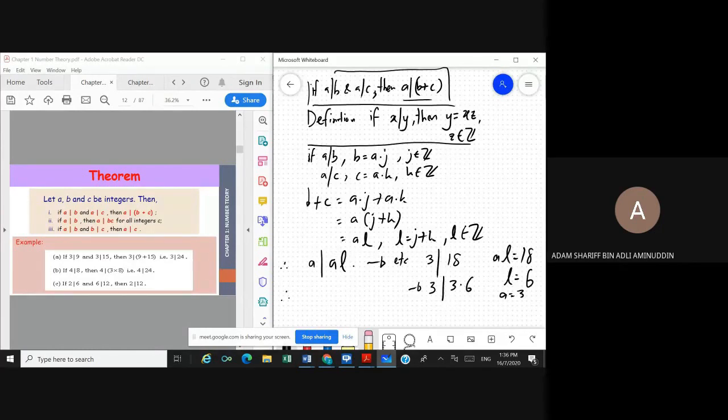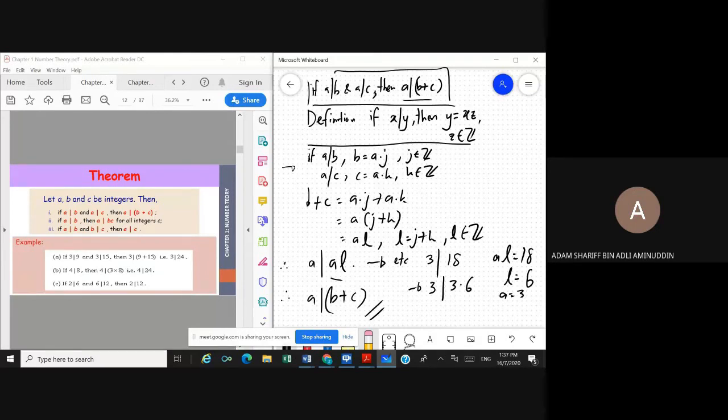As my big conclusion, what is AL? AL is B plus C. This is what happened. I recap back. The proof is now complete. We start with the implication here first. Suppose that we believe that A is a factor of B and A is a factor of C is true.